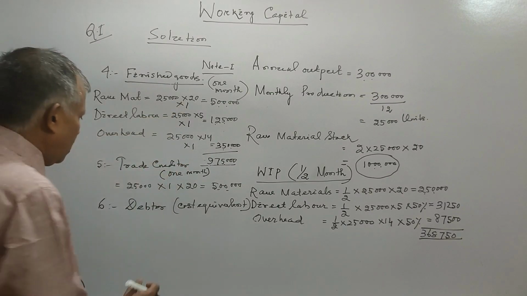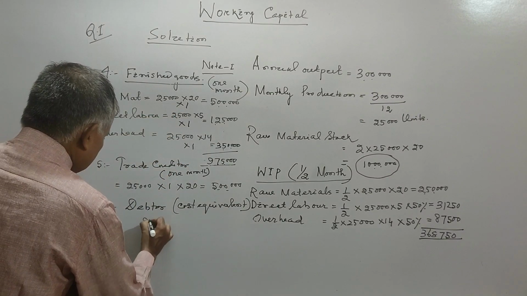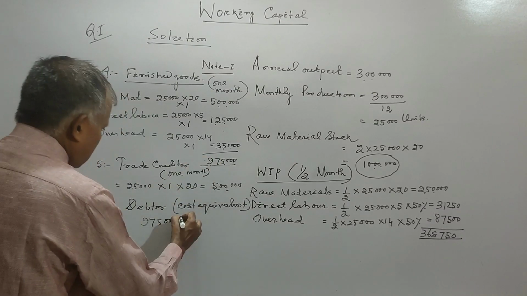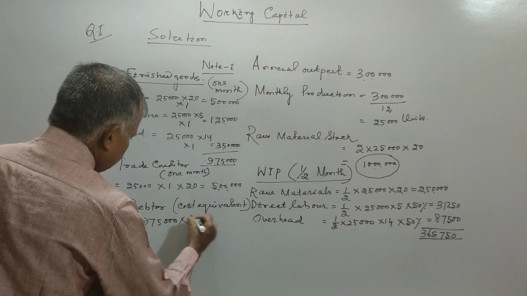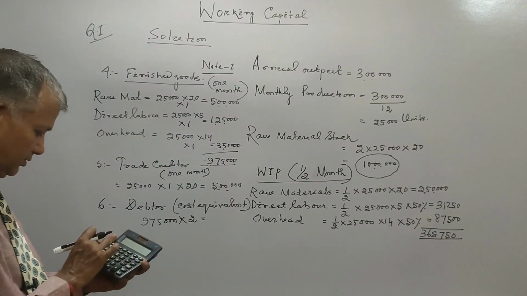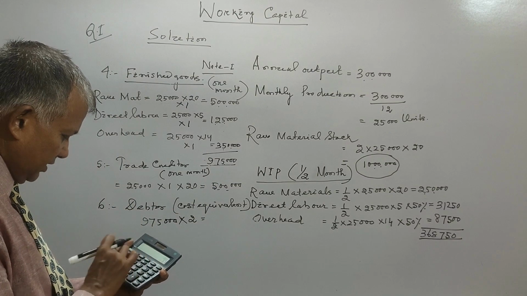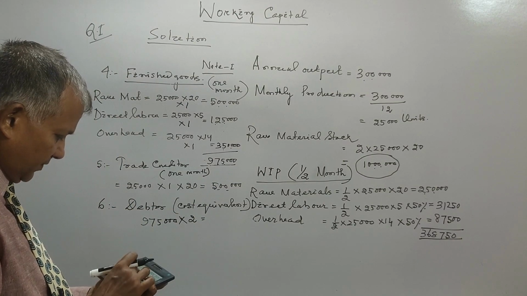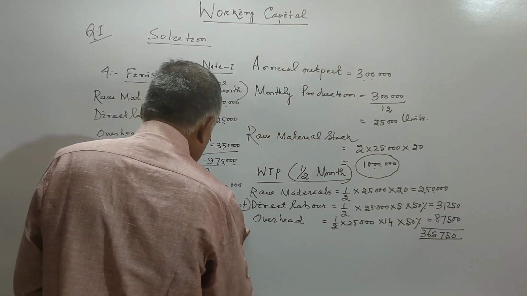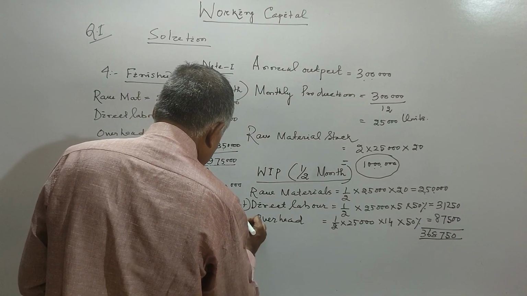So in short, we can calculate 9,75,000. This is for 1 month, and we can multiply by 2 to find out the total debtor. So 9,75,000 into 2, that will give you 19,50,000.